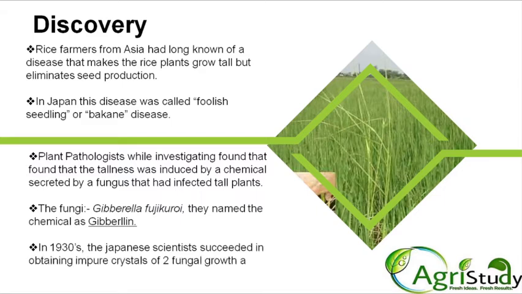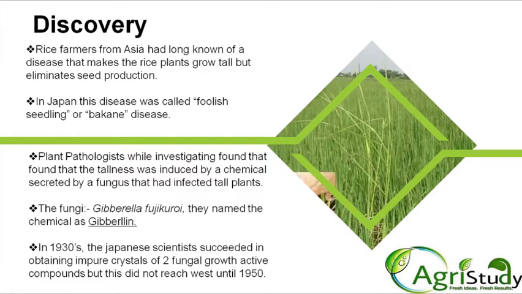Later, the researchers went on. Actually, they didn't know the importance of the gibberellins at that time. They were just finding out what it is and what the use of it is. In the 1930s, friends, the Japanese scientists succeeded in obtaining impure crystals of two fungal growth-active compounds, but this did not reach the West until 1950.